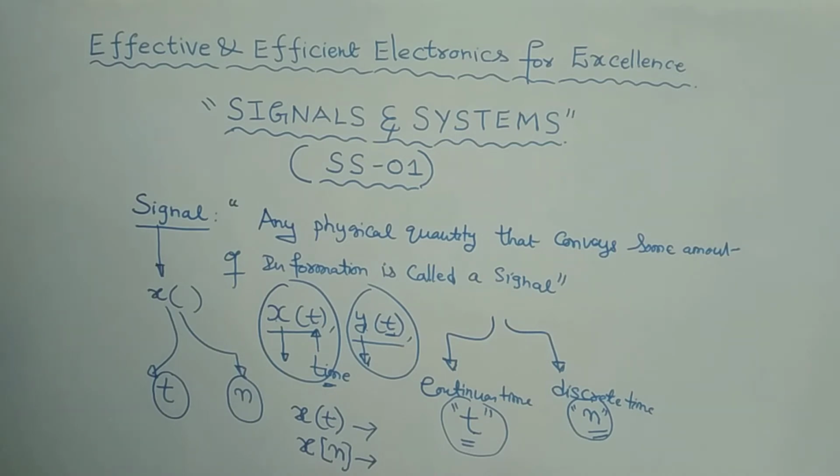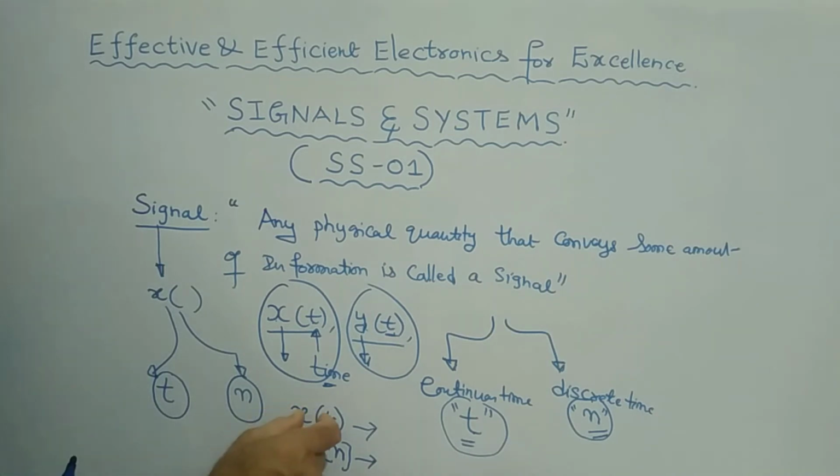Thereby, you can easily identify this. This is one classification of signals. Signals can be classified into further categories that I will explain slowly afterwards. Right now, two classifications you already got: one is the continuous time signal, and the second is the discrete time signal.